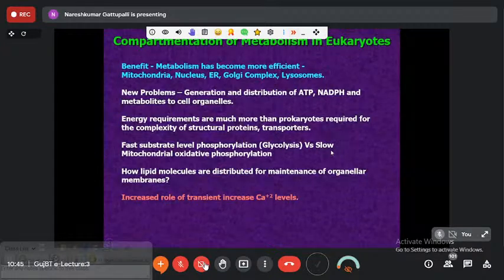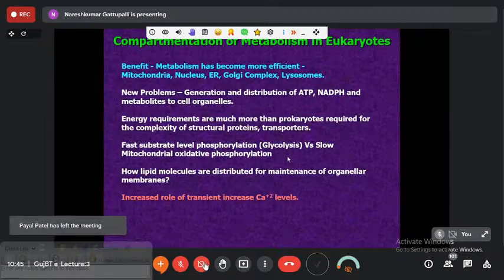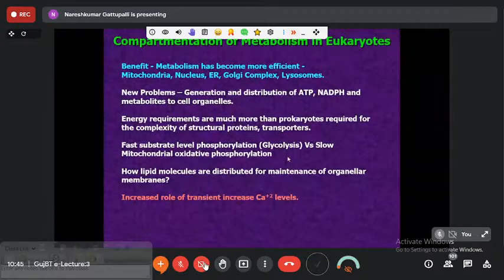Although it is inefficient in terms of the number of ATPs generated from one glucose molecule, it is very fast. Mitochondrial oxidative phosphorylation is a slow process, but it generates a lot. So the eukaryotic cell coordinates these biochemical processes, fast and slow, depending upon the requirement.